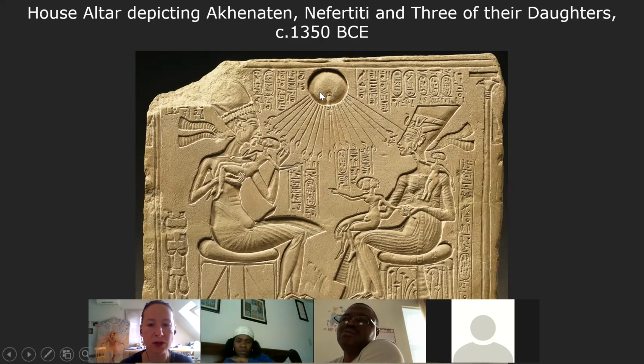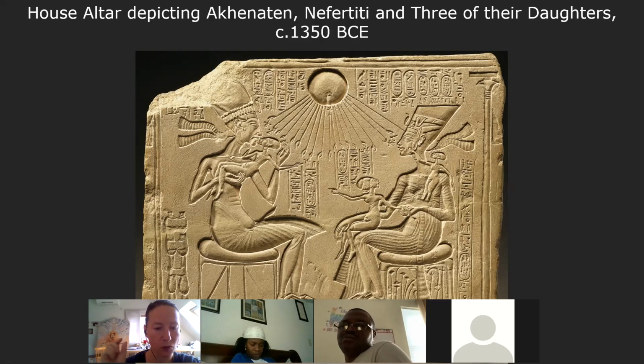The sun's rays reach out in these small hands, and at the end of a couple of them that go to Akhenaten and Nefertiti, they have an Ankh sign, an everlasting symbol that they are the ones that are blessed. So it really gives only him. First of all, he narrows it down to belief in one God, the sun god.